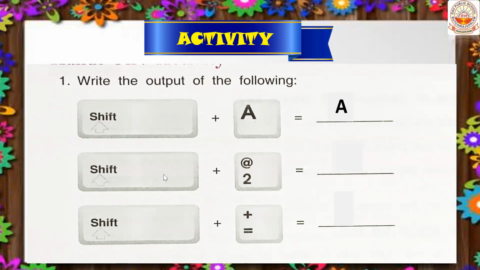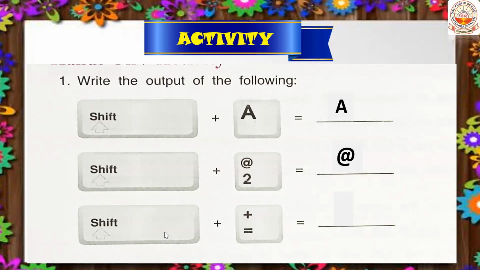Okay, children. Now see the second one. Shift plus this key, the number key 2. When you use this, what will you get? This key has two characters, children. So what is the use of the shift key, children? The shift key is used to type the upper characters, isn't it, children? So if you use shift and 2, yes, the at the rate of symbol you will get. Okay, children.